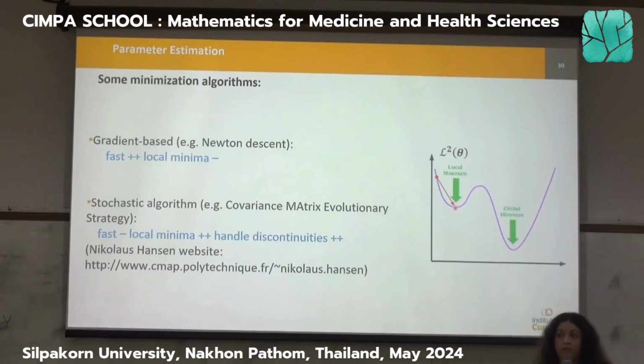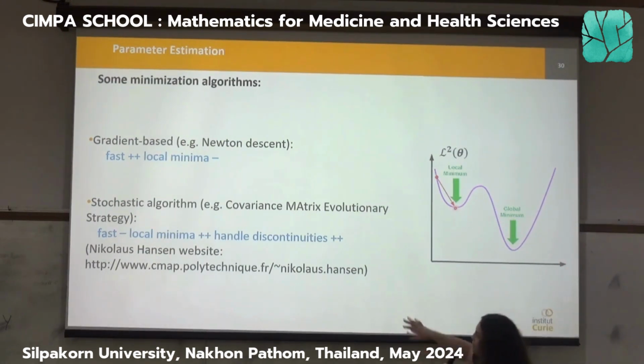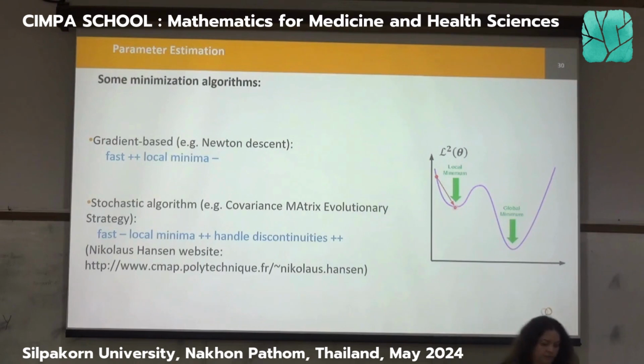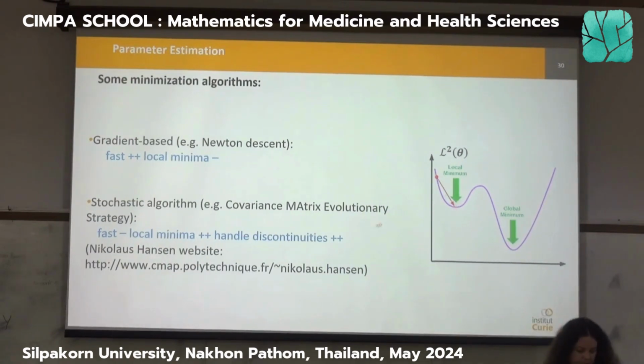minimization algorithm. So for this, we have decided to use another type of algorithm which relies on stochasticity. And the one I would like to highlight is CMA-ES, the covariance matrix adaptation evolution strategy.